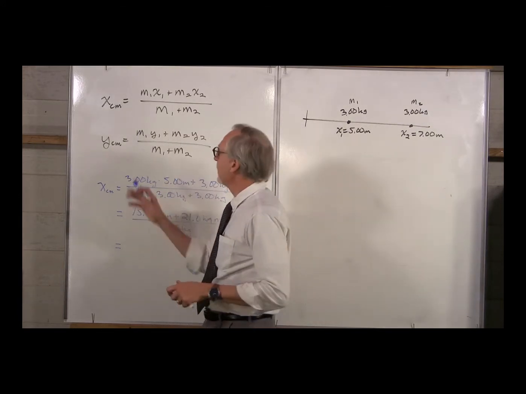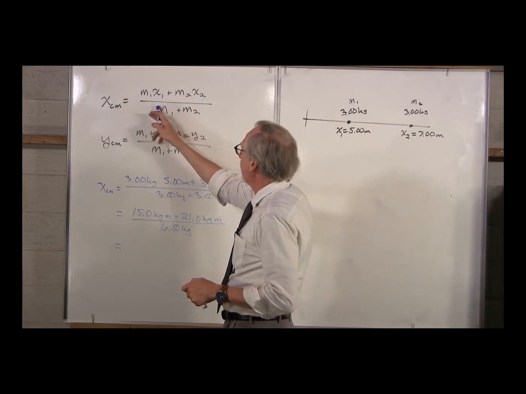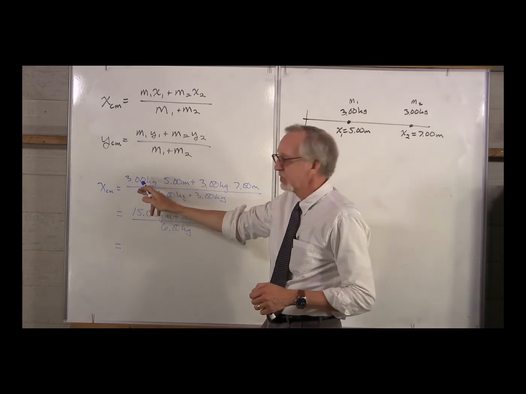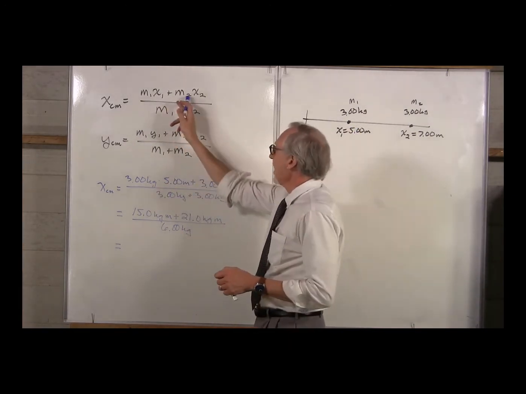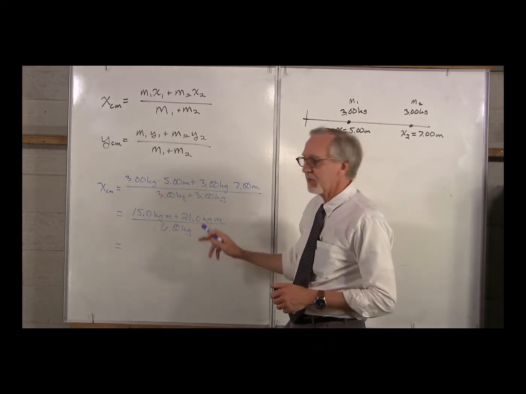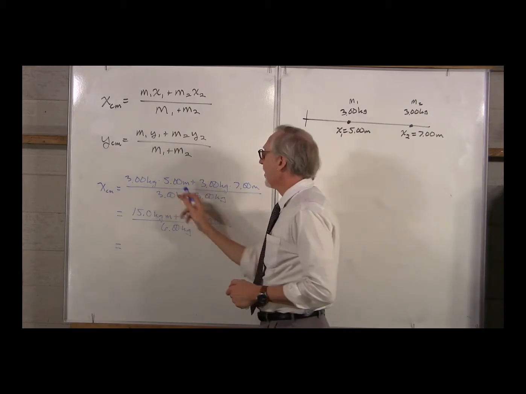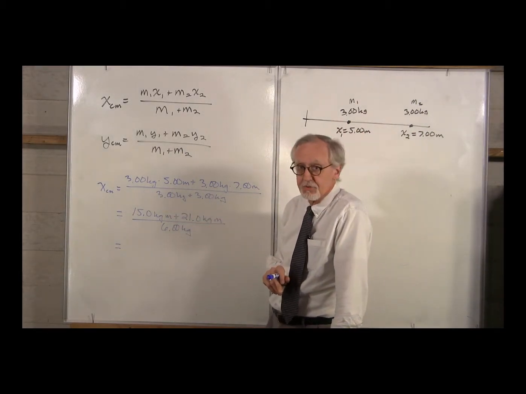What do we have? Using this equation, xcm equals m1x1 plus m2x2 over m1 plus m2. m1 is 3 kilograms, x1 is 5 meters, plus m2, which is 3 kilograms, times x2, which is 7 meters, divided by m1, which is 3 kilograms, plus m2, which is also 3 kilograms.